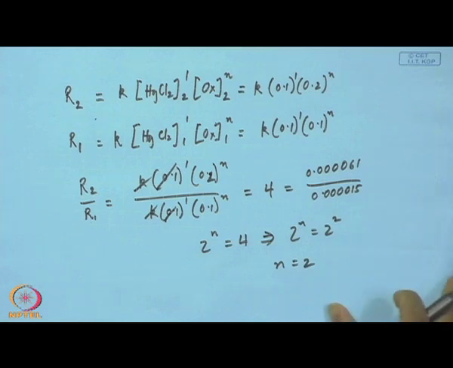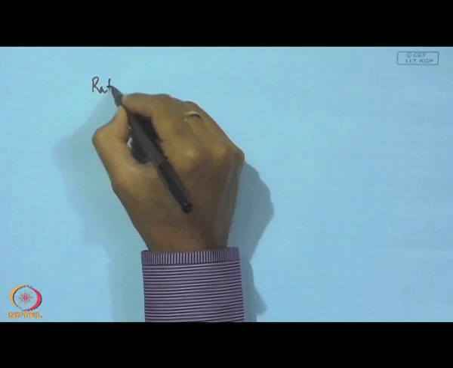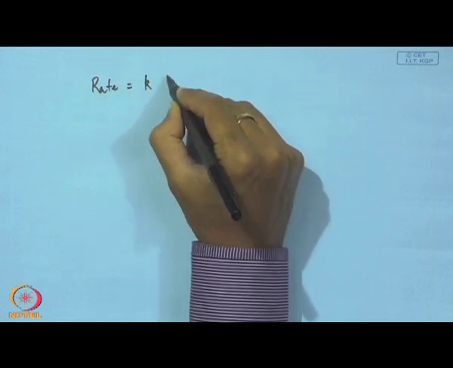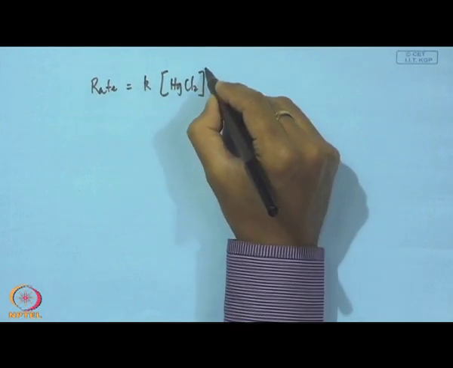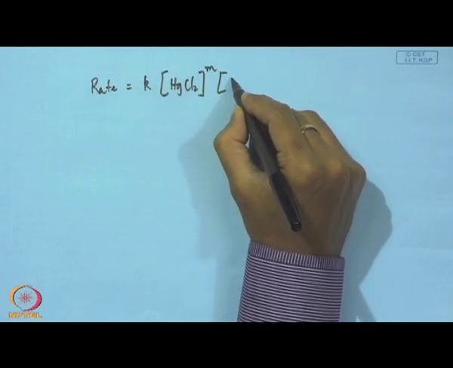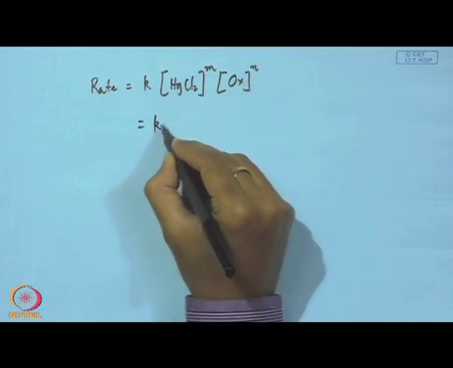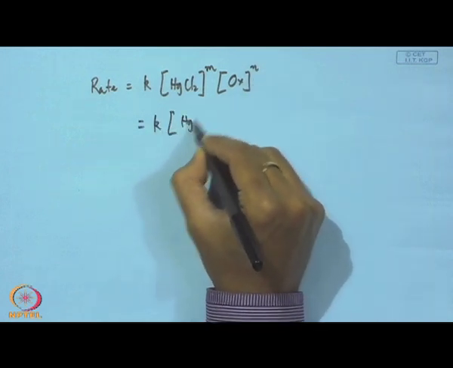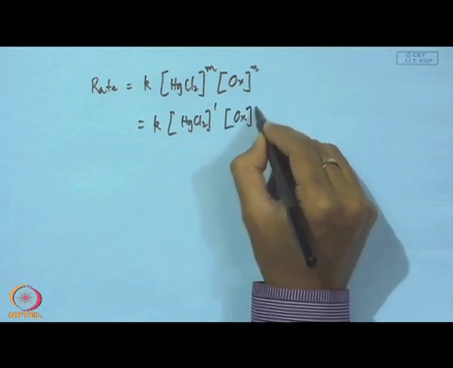So, what we got at the end is very simple and very informative: your reaction rate, which is K into HgCl2 to the power m and oxalate to the power n, is equal to K times HgCl2 to the power 1 and oxalate to the power 2.